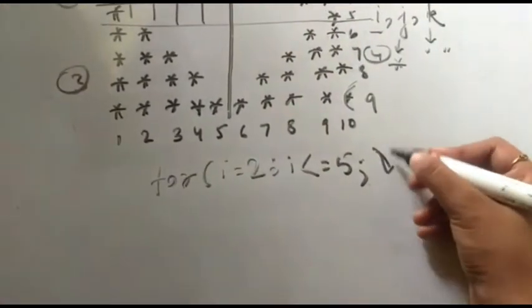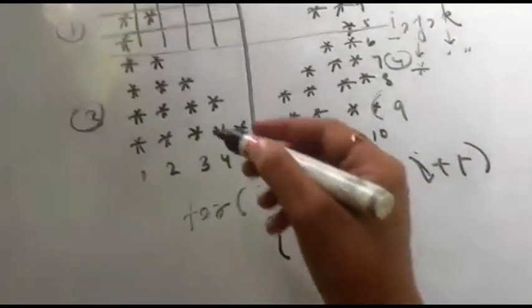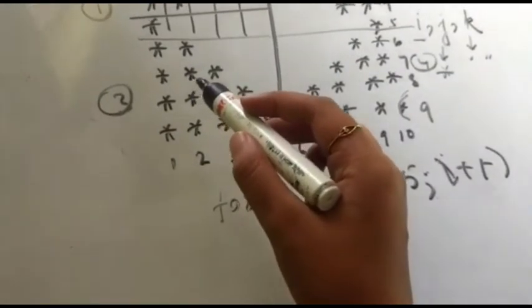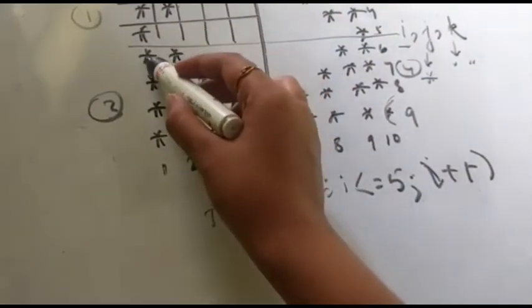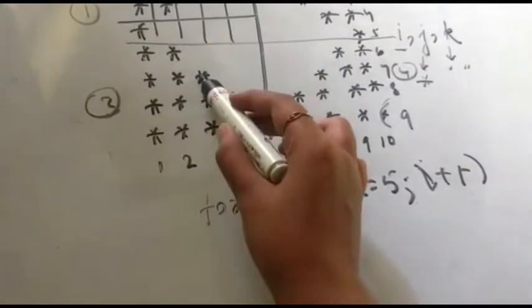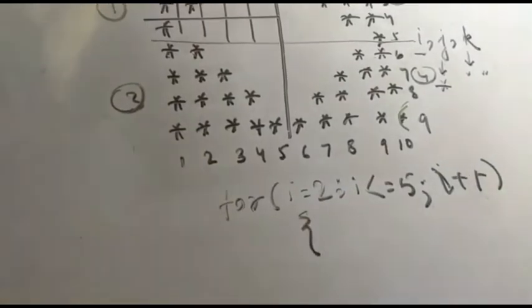Which is very simple. And now we have to discuss printing J. As we can see, J is beginning to print from 2, then we have 3, then 4, and then 5. So how do we approach this?